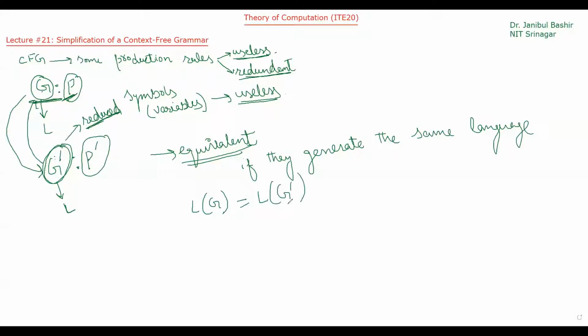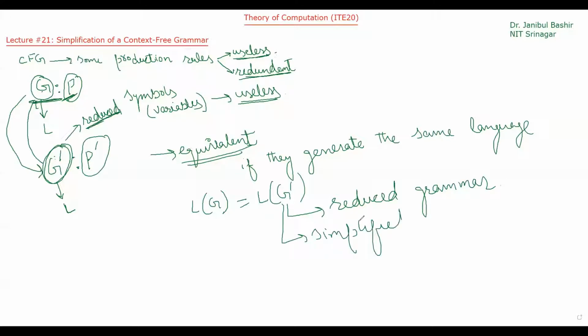And the only difference is that this G dash is the reduced grammar. Reduced grammar means it has been simplified. It is the simplified version of G. Okay. And we need a mechanism to find out how we can simplify a context-free grammar.